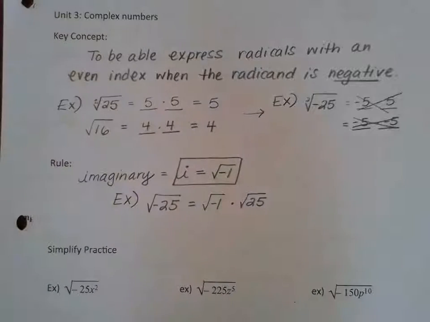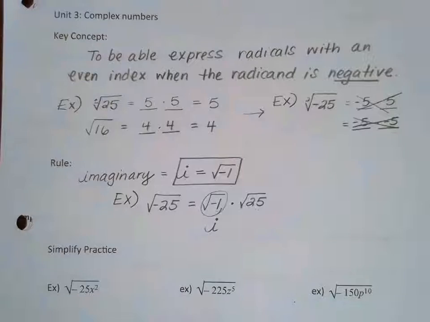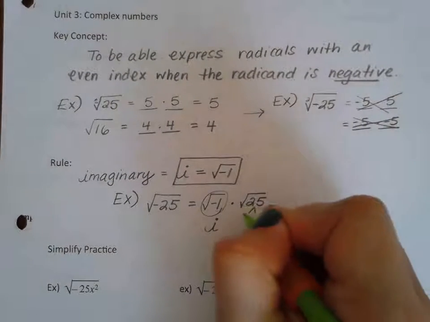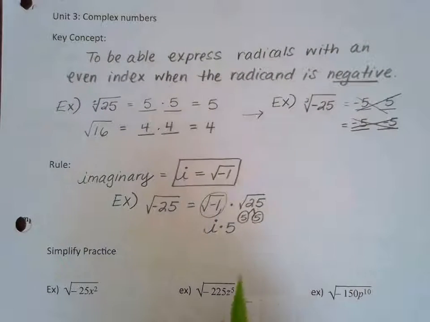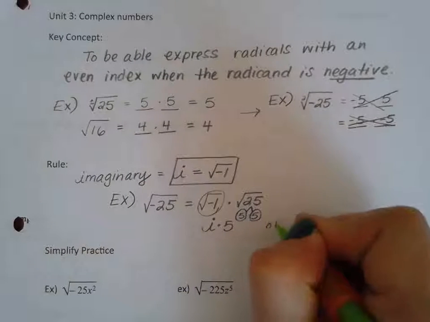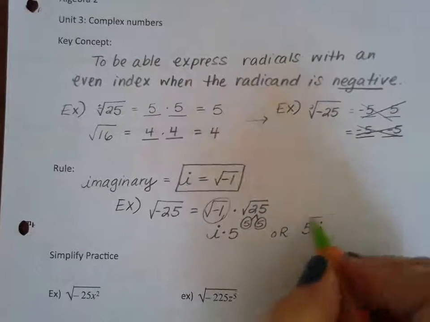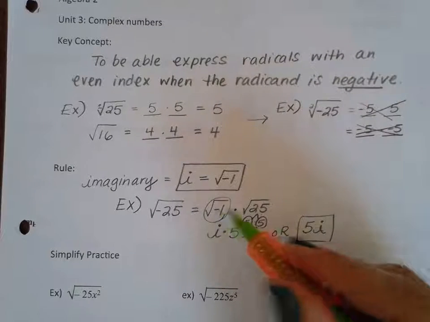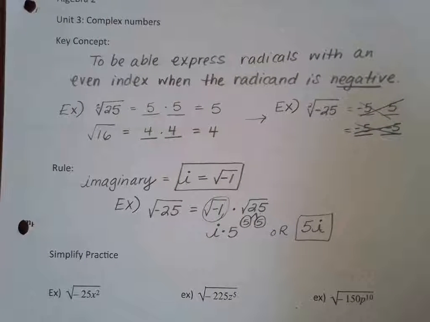Our new rule is every time we have this, we write down a little i, and then we do the square root of 25 like we normally would, which is 5. So our answer is i times 5, or we can write it as 5i using the commutative property, and this is how you would see it on a standardized test. The negative goes away, it becomes an i, and then you break down the number like you normally would.